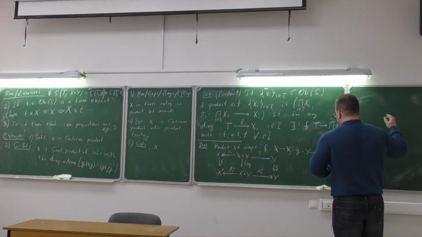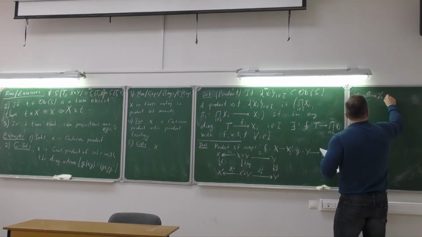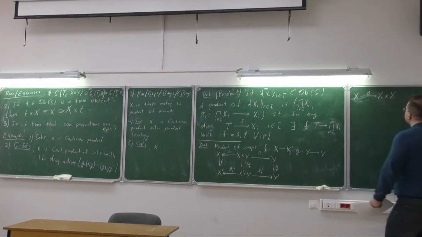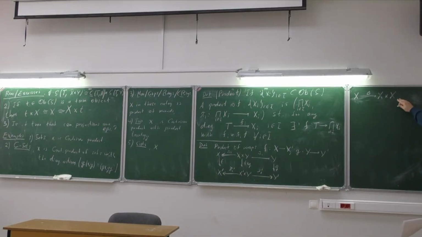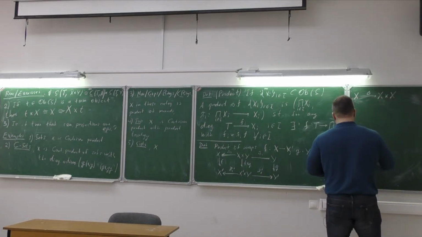And you can also define the diagonal map categorically. From the point of view of sets and sets with additional structure, this is just a map that takes an element x and sends it to the pair (x, x). But you can do this without elements, using only category theory.